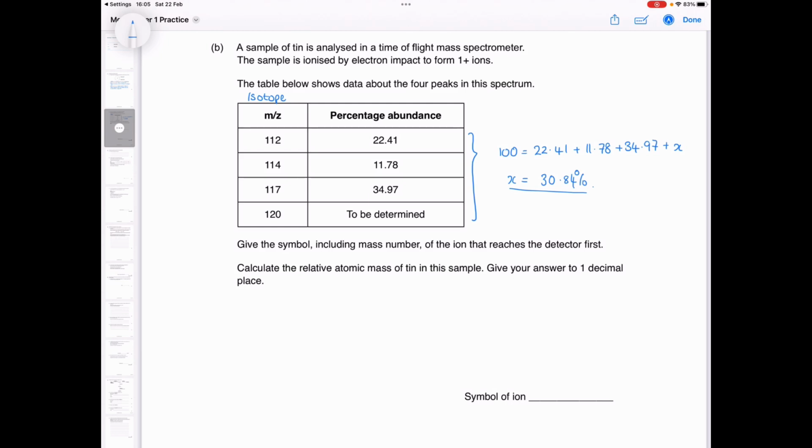Give the symbol, including mass number, of the ion that reaches the detector first. Okay, so the one that reaches the detector first is going to be the ion with the smallest mass. So remember, we're accelerating them to constant kinetic energy, and kinetic energy is equal to 1/2 mv squared. And so if we've got a constant kinetic energy, then the smaller the mass, the higher the velocity must be to reach constant kinetic energy. And so therefore the ion that reaches the detector first is the lightest.